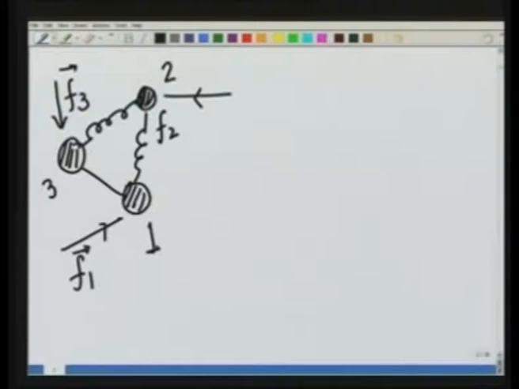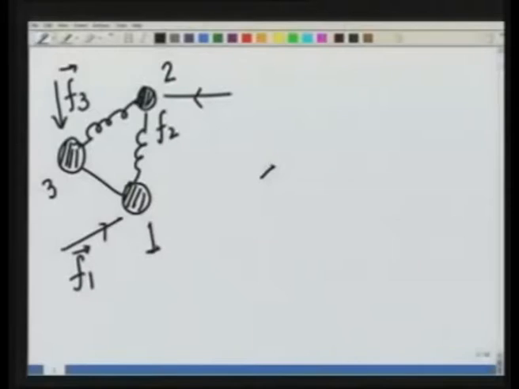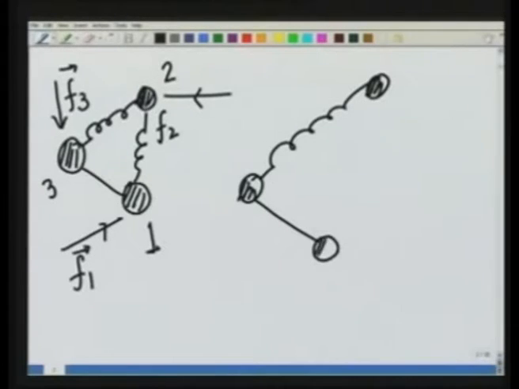and let the force on particle 3 be F3. As we apply these forces, in the next instant I could have a different situation in which the particles could be, maybe the spring has stretched. This, let us say, is a rod which cannot change, and maybe this spring has stretched. Further, it could have changed its orientation.